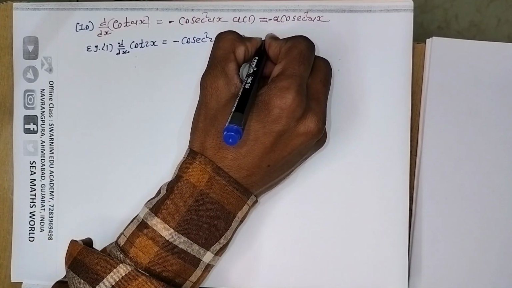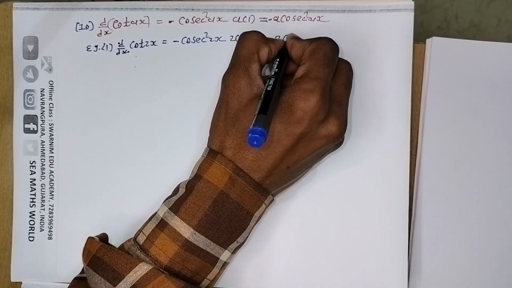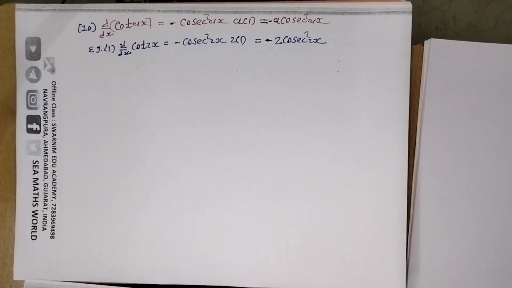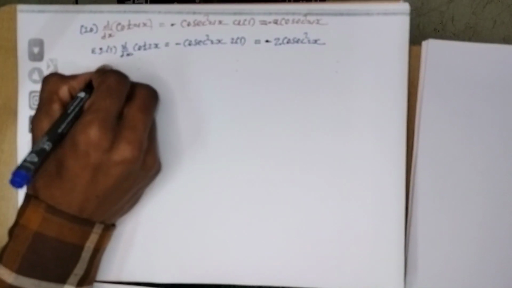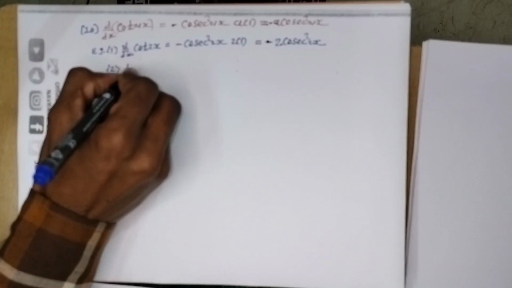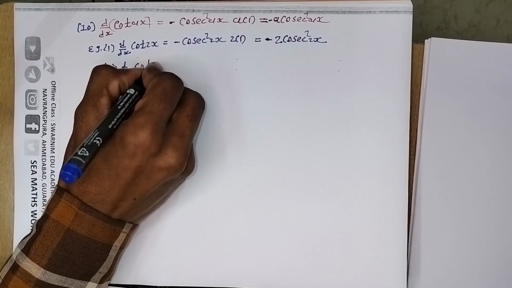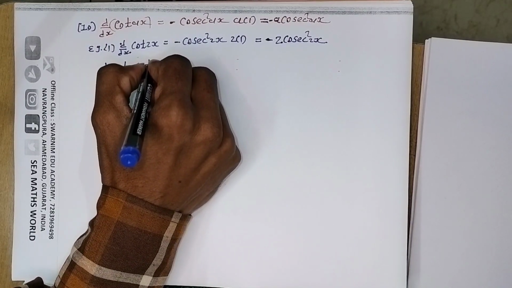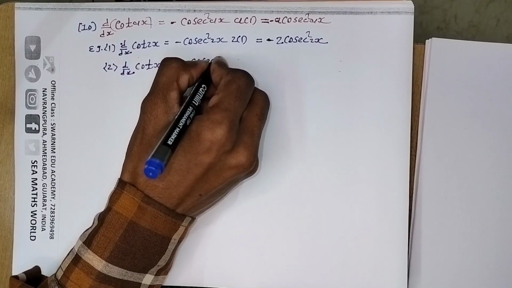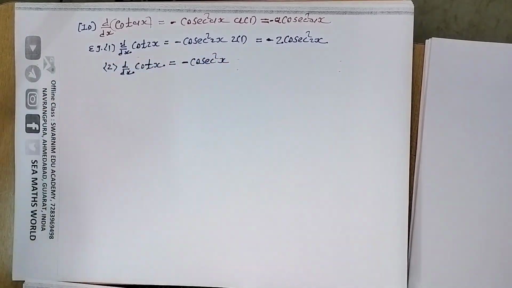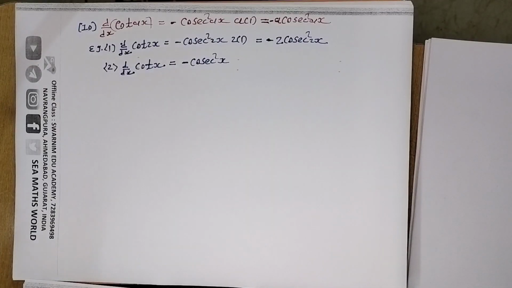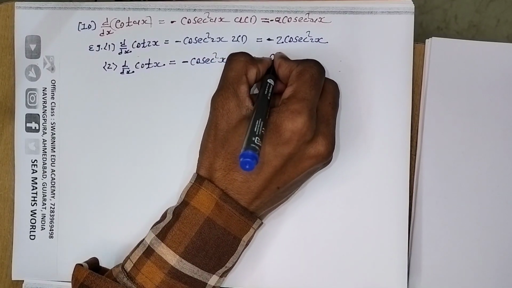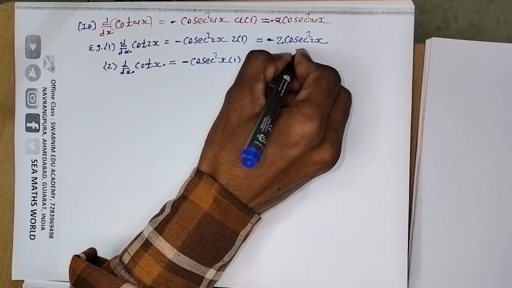So finally minus 2 cosec square 2x. One more example: differentiation of cot x is equal to minus cosec square x. Then differentiate the angle. Here it is x, so x differentiation will be 1. So finally minus cosec square x.